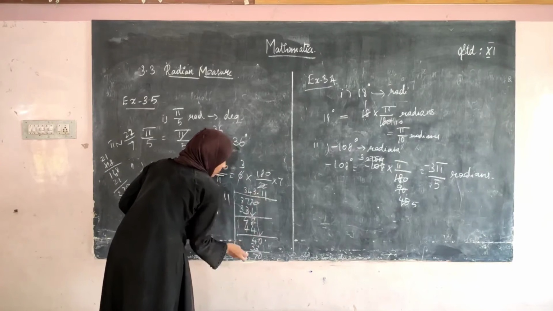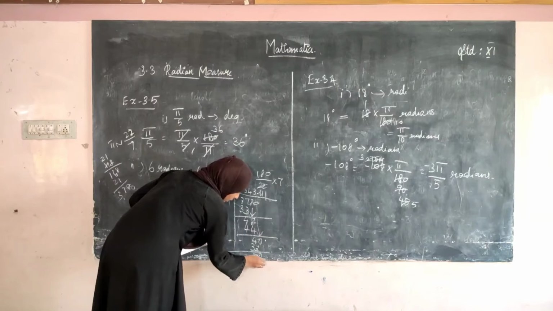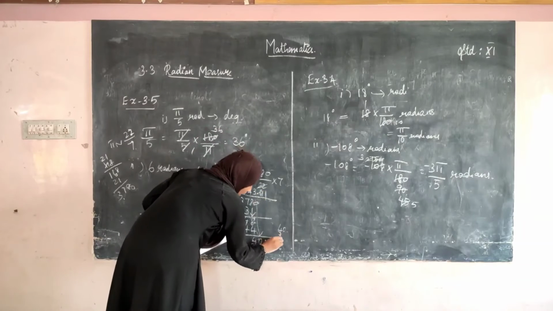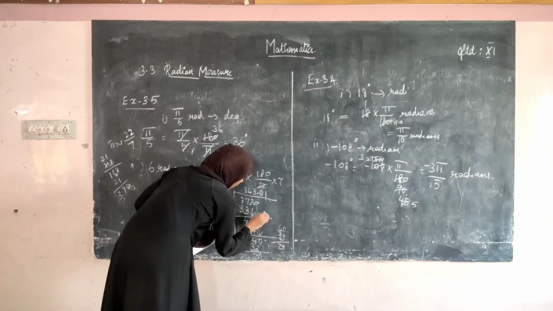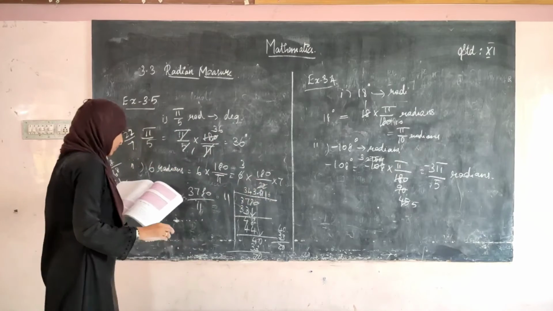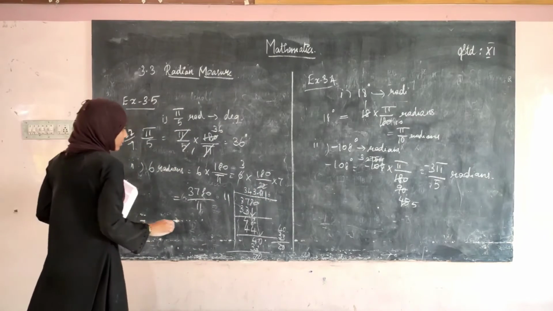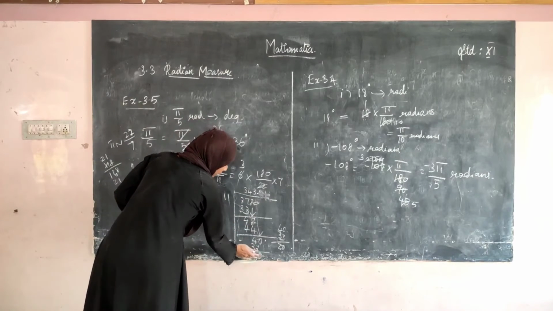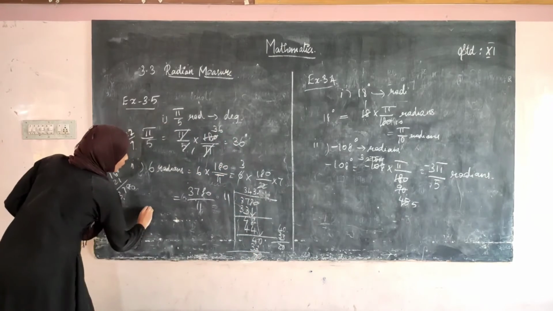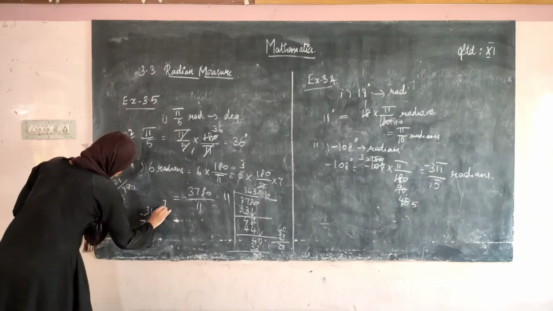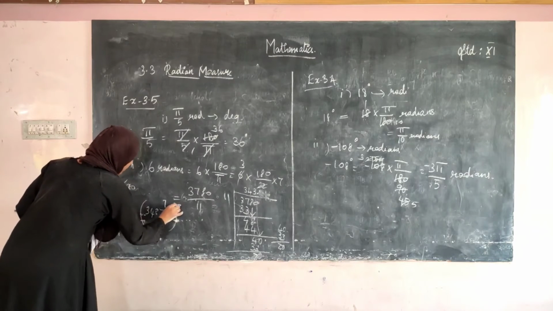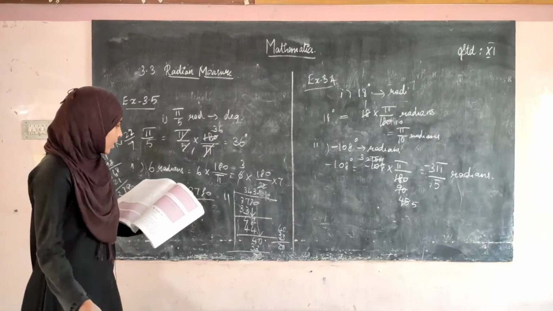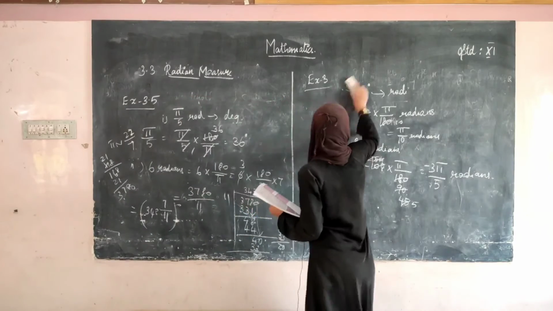So 343. Then 6 times is 66, balance is 4. So the answer is 343 7 by 11 degrees. Okay. Now example 3.6.